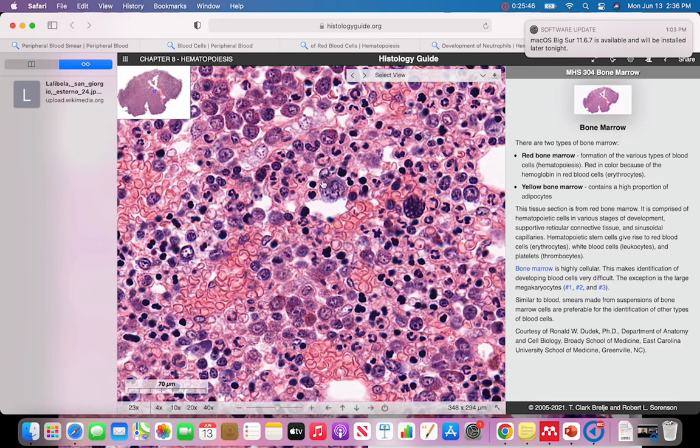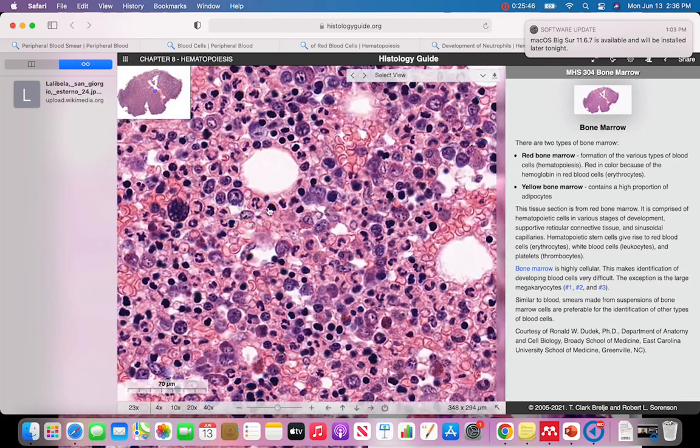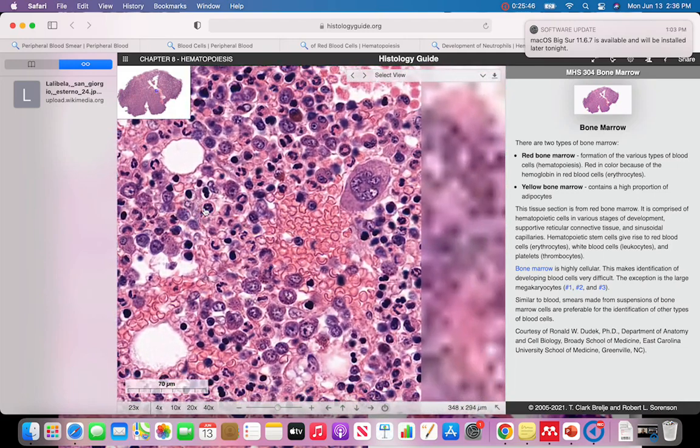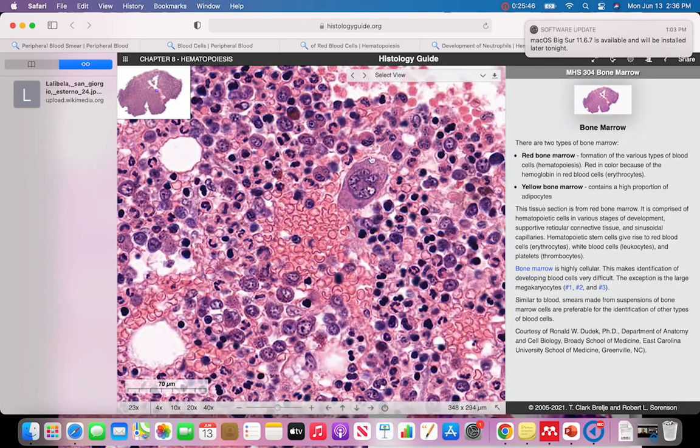These are megakaryocytes. Here this is a megakaryocyte, and as you see, the nucleus is multi-lobed. They are found adjacent to sinusoids. Here we have a sinusoid, which is filled with red blood cells. Their cytoplasm extends into the sinusoid, and it fragments and gives rise to platelets.